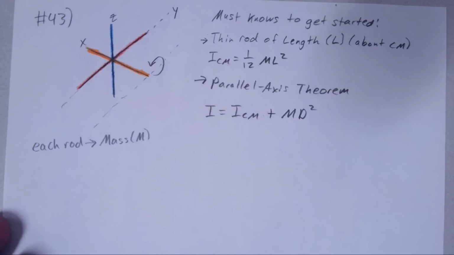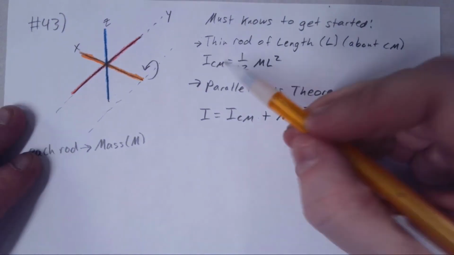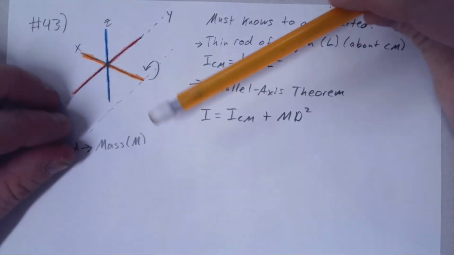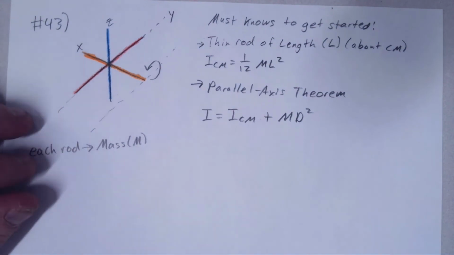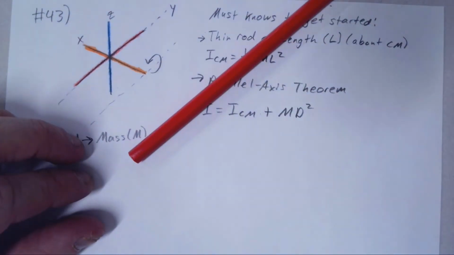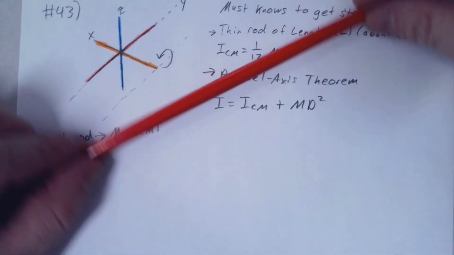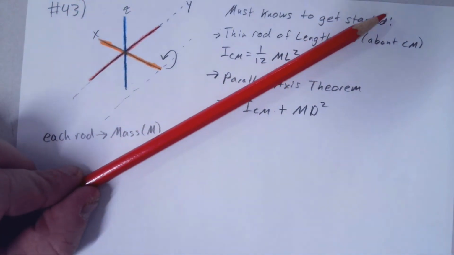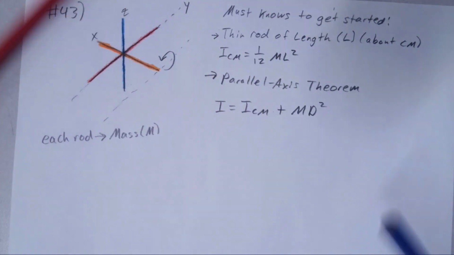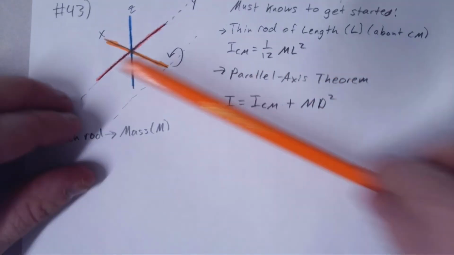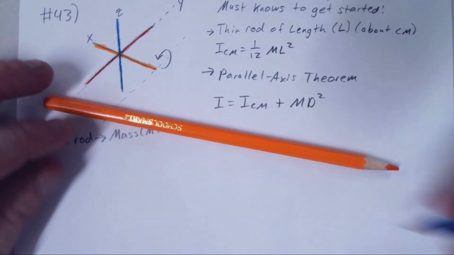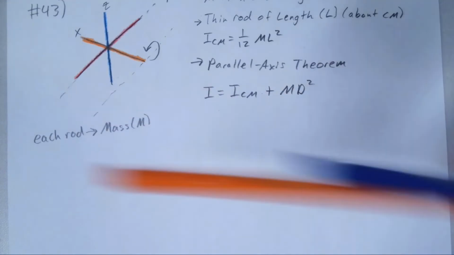The book gives it as 1/12 mL squared. So, looking at the red one, if we rotate it about this axis right there, that is 1/12 mL squared. About the axis here, that would be 1/12 mL squared, and that would also be 1/12 mL squared.